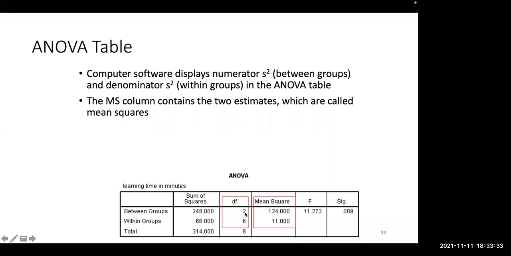For the total, the sum of these 2 degrees of freedom gets you to the total degrees of freedom. But what you really need for the calculation of the F is, as we remember, the variability between the groups divided by the variance within the groups, which gets you to an F, which allows you to read from the F distribution whether you're going to reject it or not.